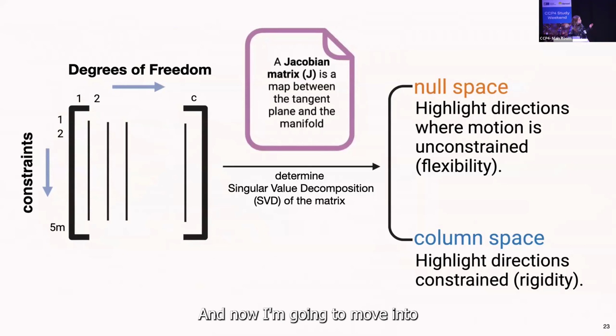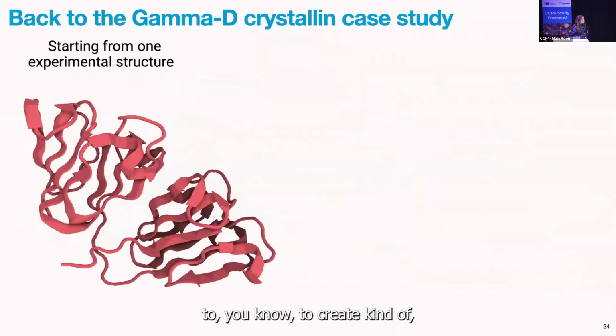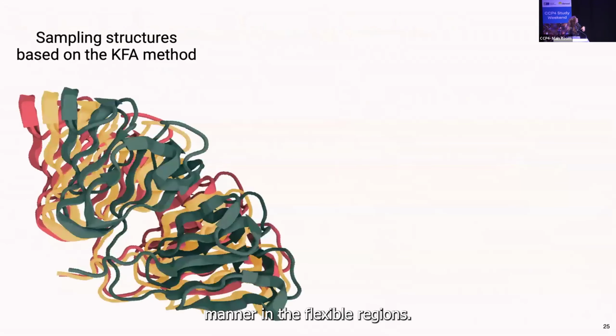Now I'm going to show you how you can use it with rope and what results we get. The way I use it here is to create an example, starting from one experimental structure, of protein structures that have moved in a tiny manner in the flexible regions.